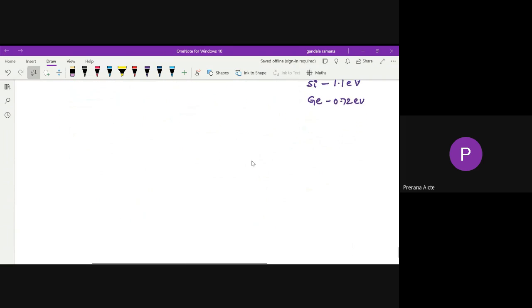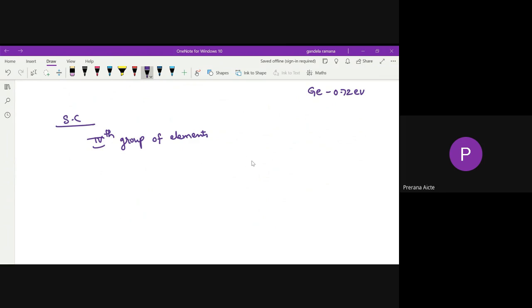Fourth group elements means valency 4 electrons, and covalent bond nature is there. That is called a semiconductor.